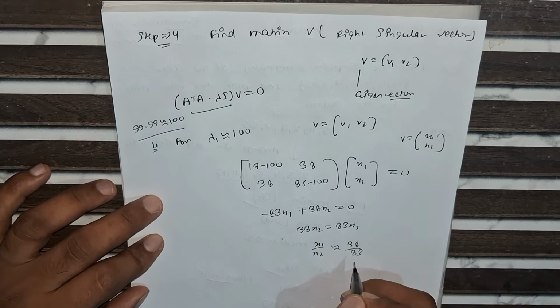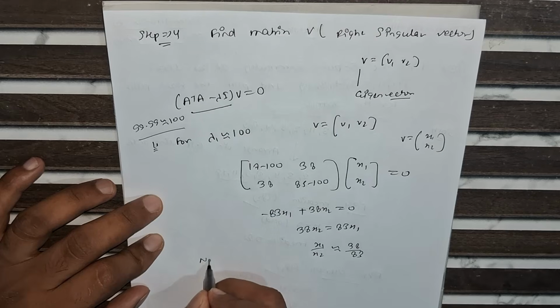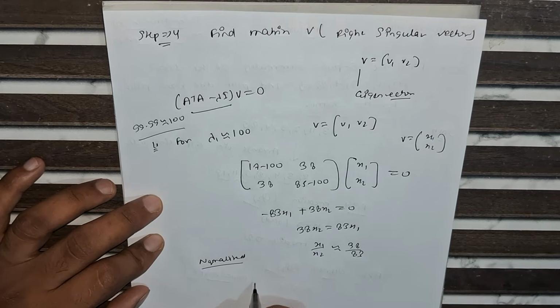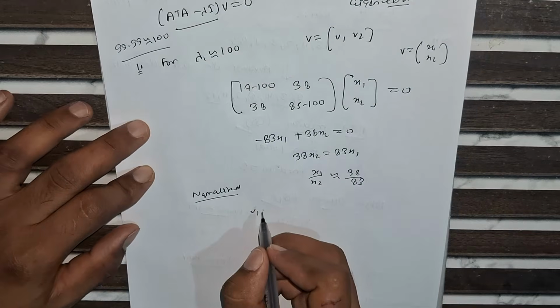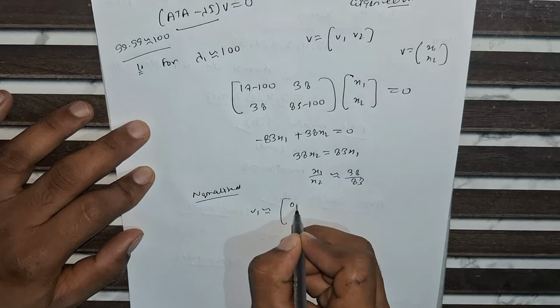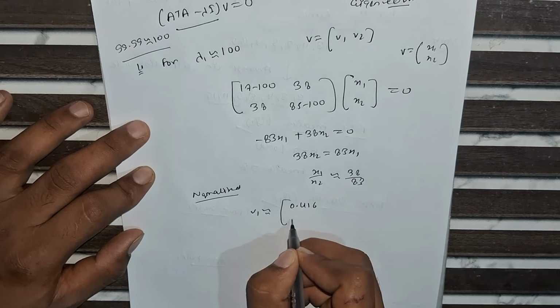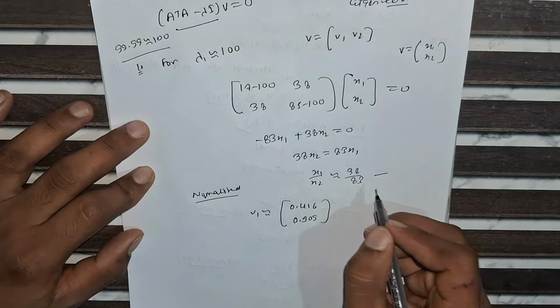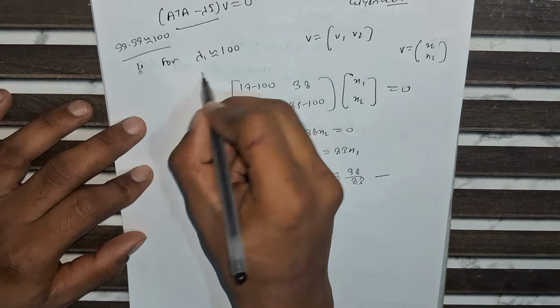So now normalize this one. So V1 is nearly equal to 0.416 and 0.909. So when you solve it, you will get V1 from this equation for lambda 1.